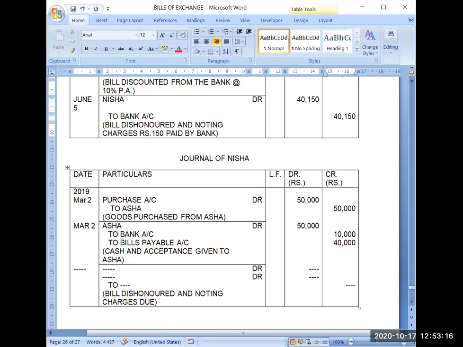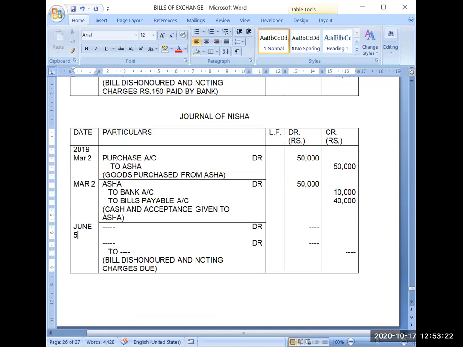Now come into this part. So this you have already calculated. June 5 is the due date. And here bills payable liability will get finished. Bills payable account debit, and the amount is 40,000.